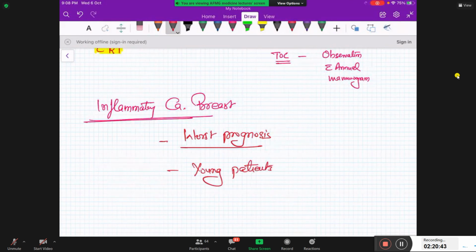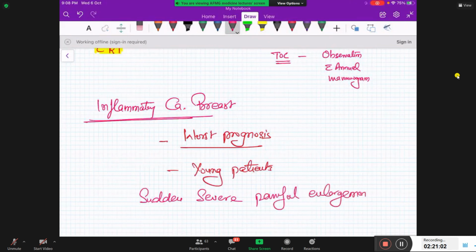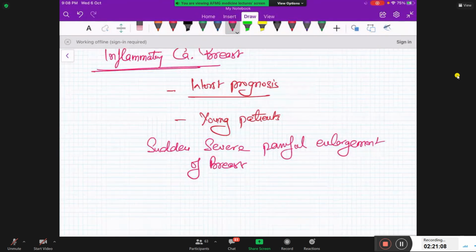How do these patients present? This is very classical: sudden, severe, painful enlargement of the breast.